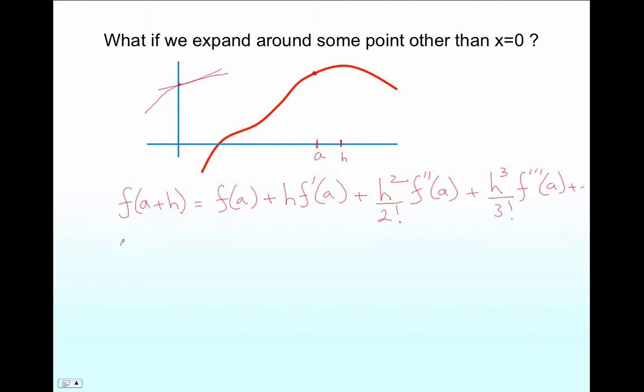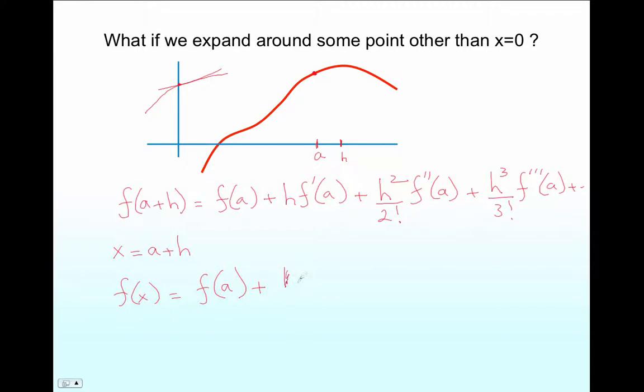Or you could write it differently. You could say, okay, if x is a plus h, then in that case, f of x is being expanded as follows. f at the point a, here h is 0, so f at the point a plus h.